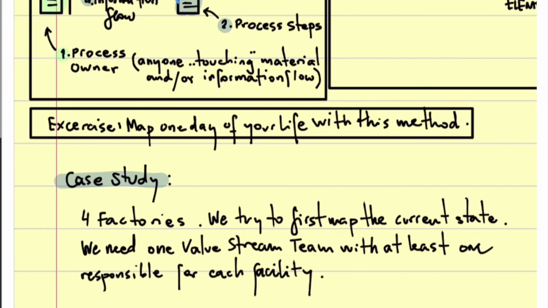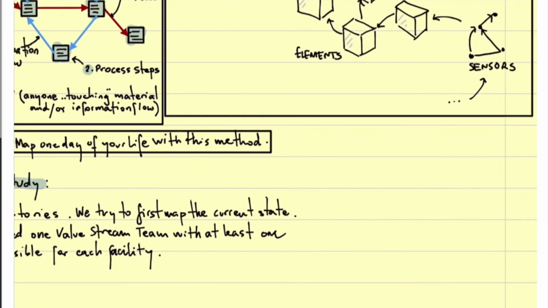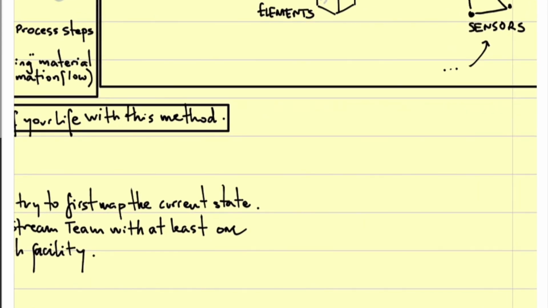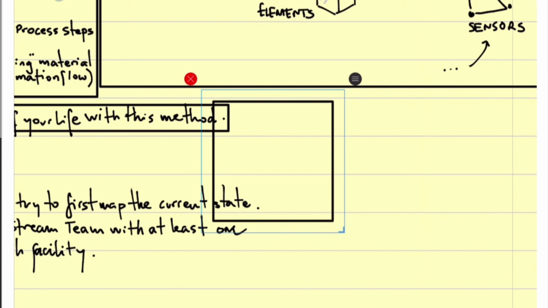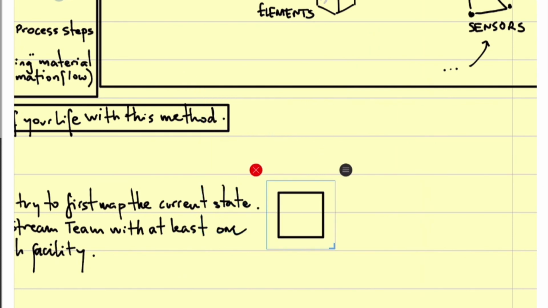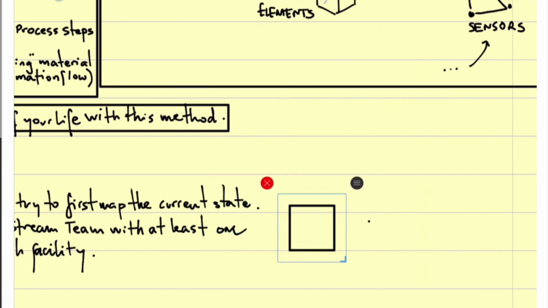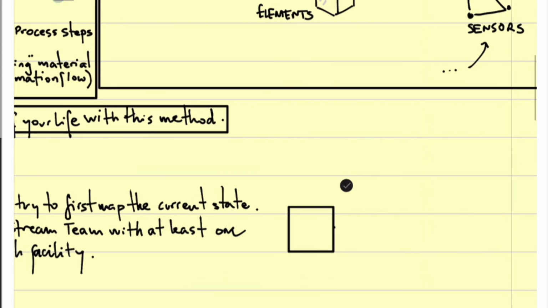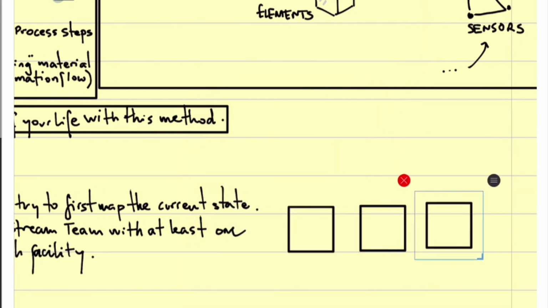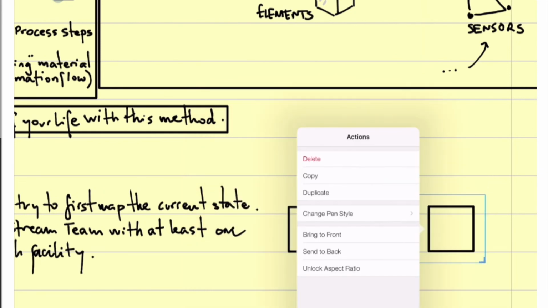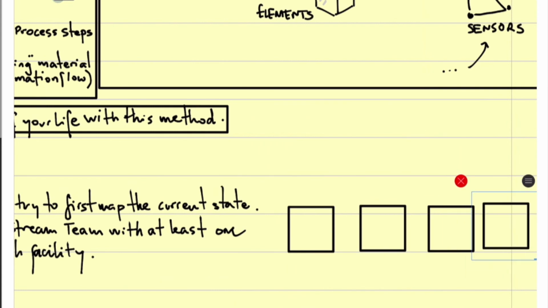Okay, so what we have basically is four factories, one, two, three, and four.